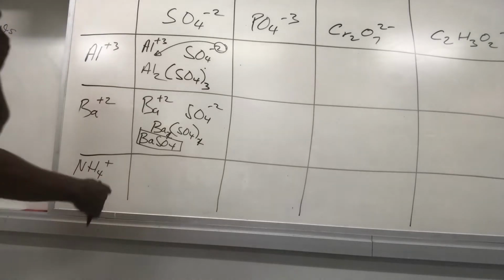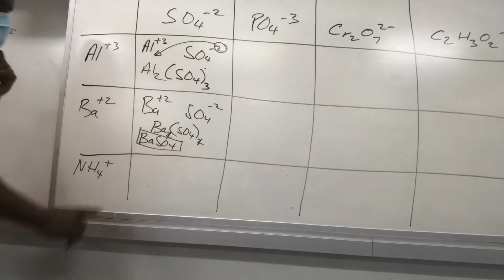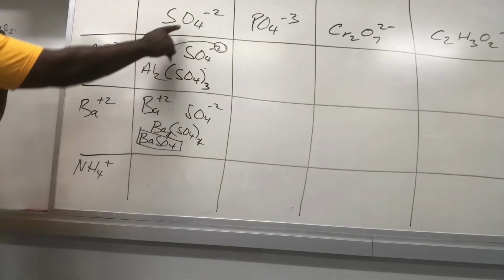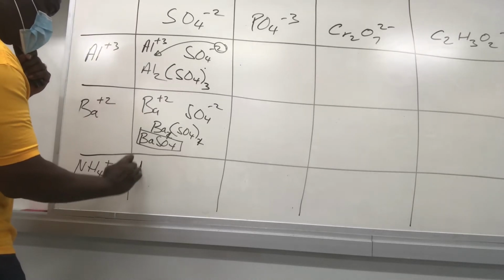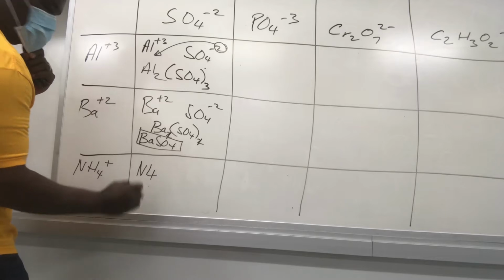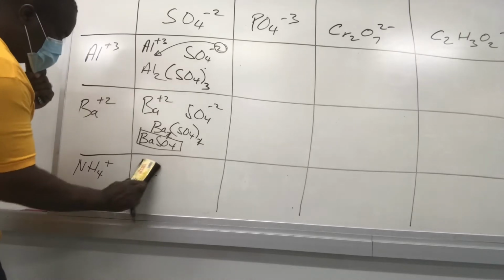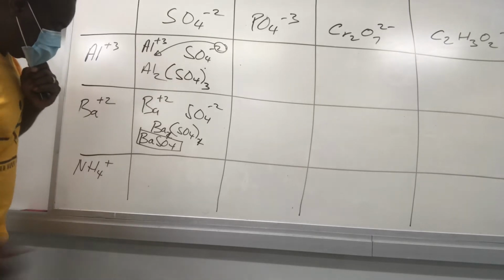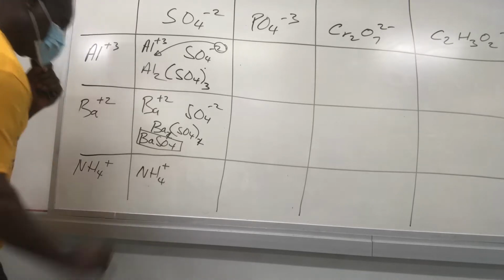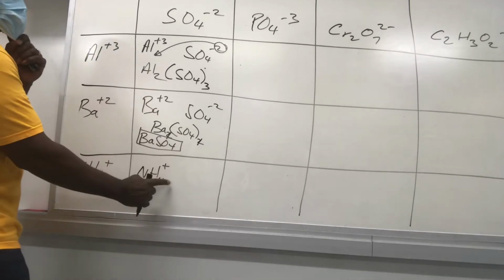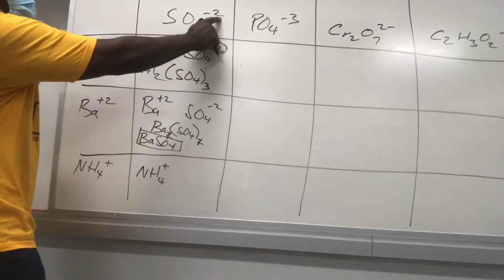Alrighty. Now this one in the bottom right here, if you can see it, is between the ammonium and the sulfate, alright? So you're going to get NH4+. Now what's going to go to this NH4+, this polyatomic ion? The 2 from the sulfate.